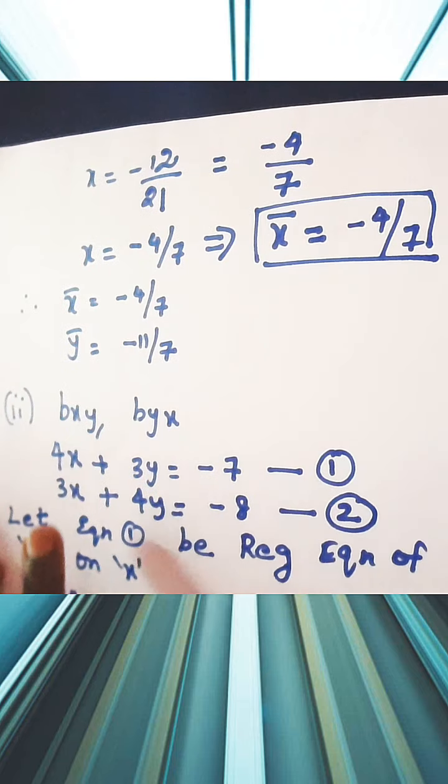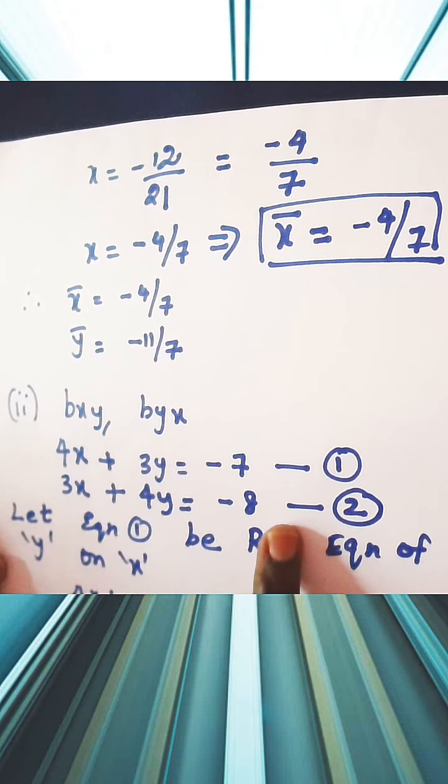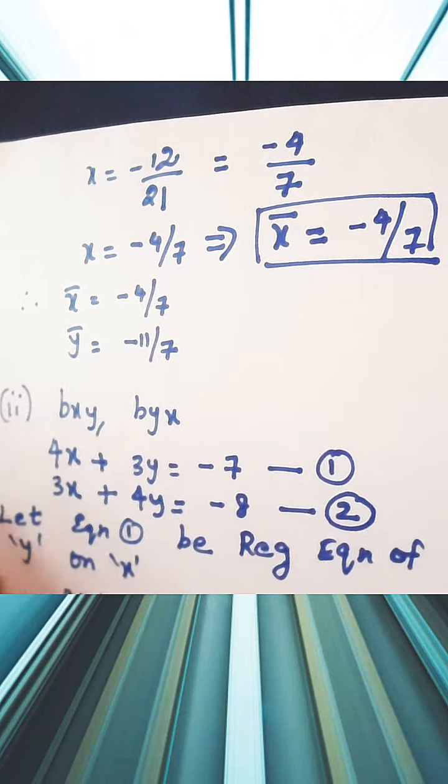Next we have to find the bxy. For that, we will take equation 2. Equation 2 we will take as the regression equation of x on y. First equation we have taken as the regression equation of y on x. What is the second equation?